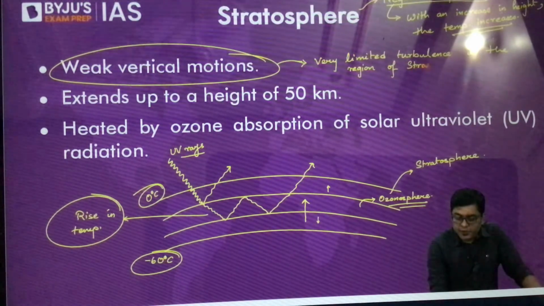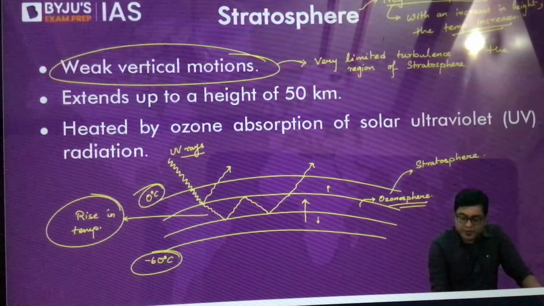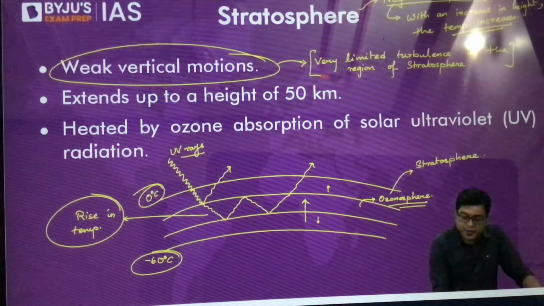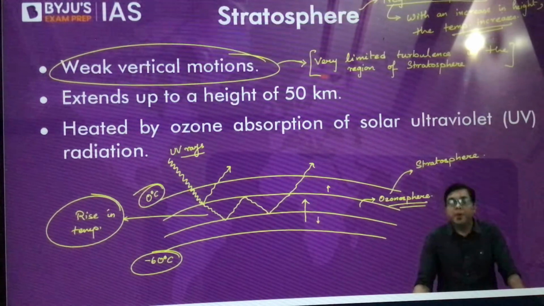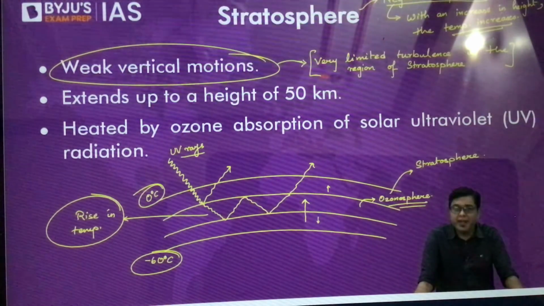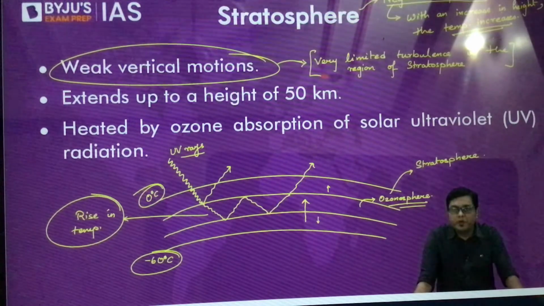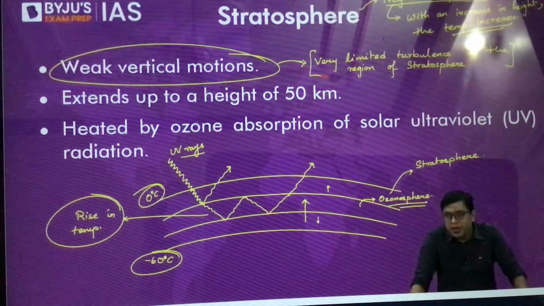In the region of stratosphere, you have very, very little turbulence which is experienced. Now, what does that indicate? That basically means when you have very little turbulence, very little disturbance, you have calm conditions.